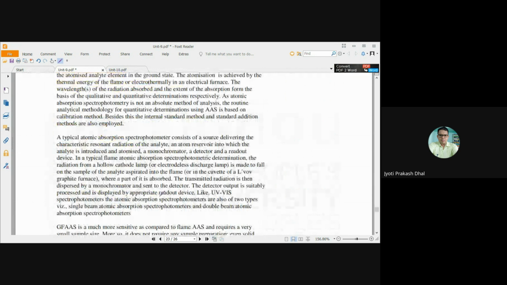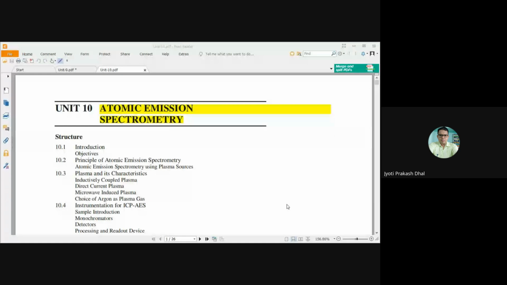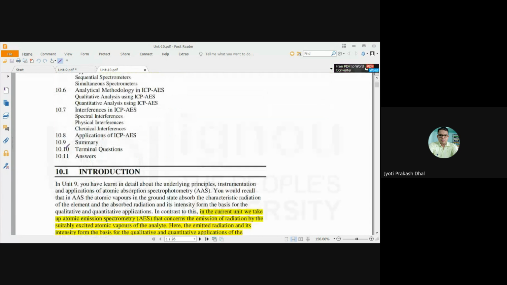Now after that we will move to the third atomic spectroscopic method, called atomic emission spectrometry. Here we will discuss atomic emission spectrometry.